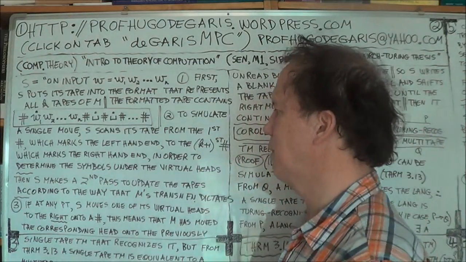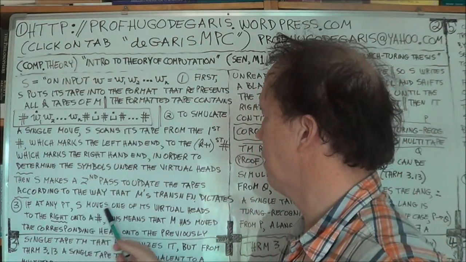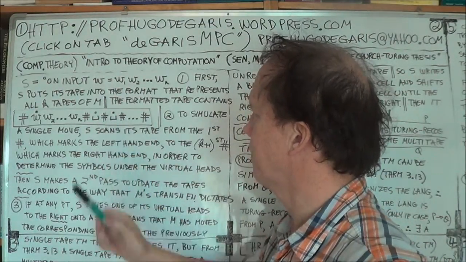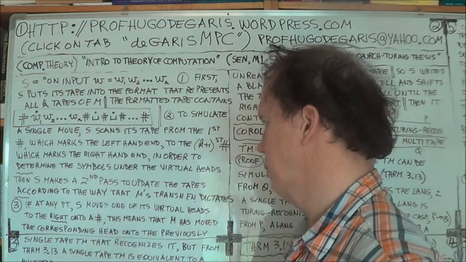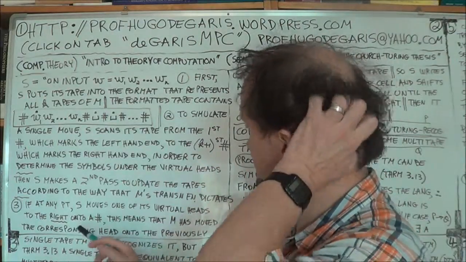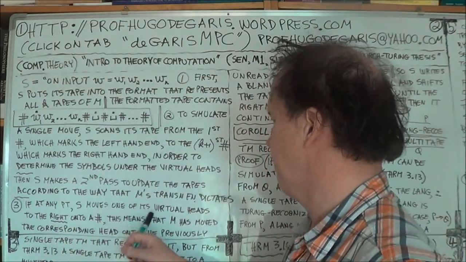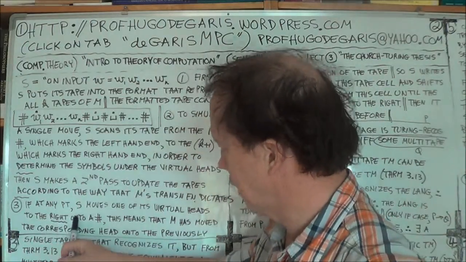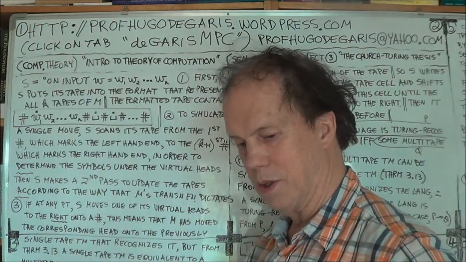Now there may be a complication. What happens if S moves its head to a hash symbol? What do you do then? So we're going to the right. Right. Okay, so if you're moving one of your heads to the right, and you move it onto a hash symbol, well, what do you do?